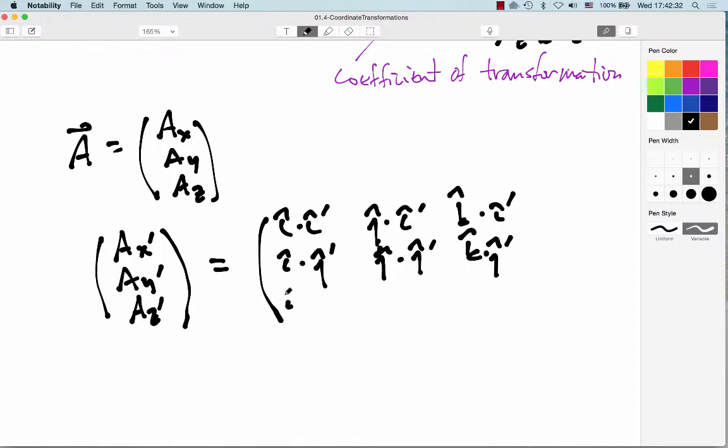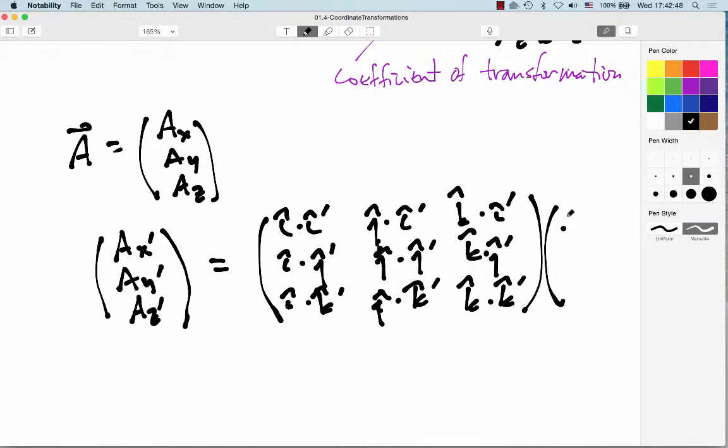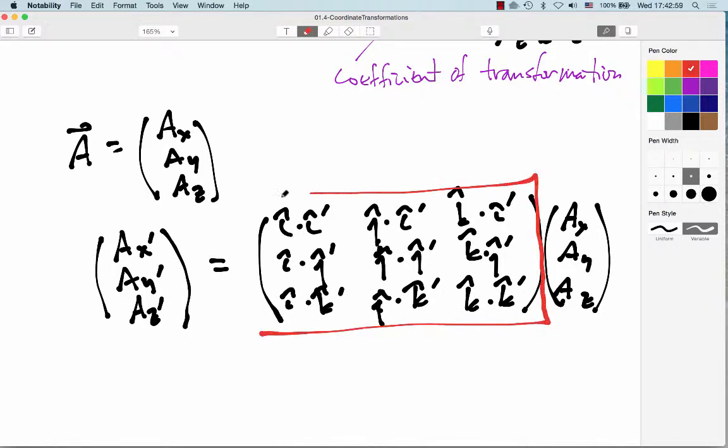And then finally, i dot k prime, j dot k prime, and k dot k prime. We'll times all of that by our column vector Ax, Ay, Az without any primes. This matrix right here gets called a transformation matrix.